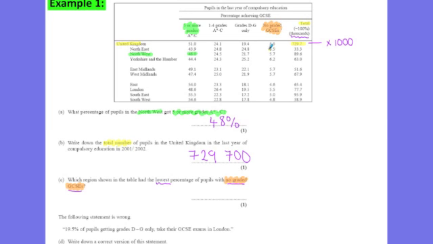We're looking at the regions, so starting here, we're looking for the lowest percentage. And we can see here that the lowest number from the table is right here at 4.6. This is the lowest percentage, and it corresponds with the region East.